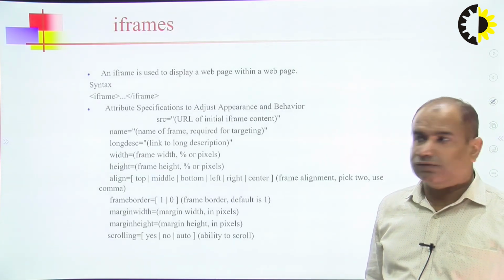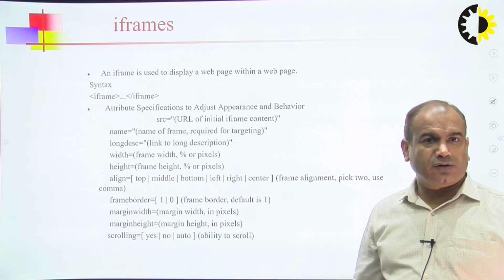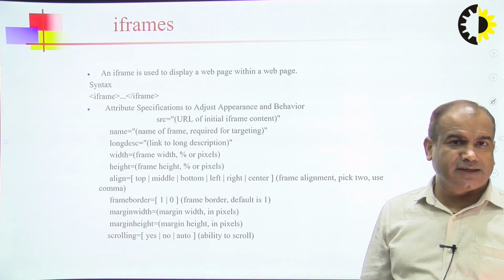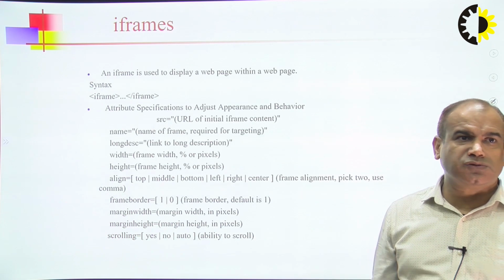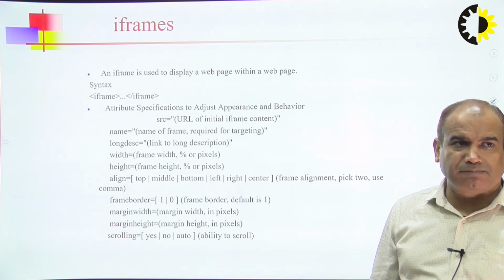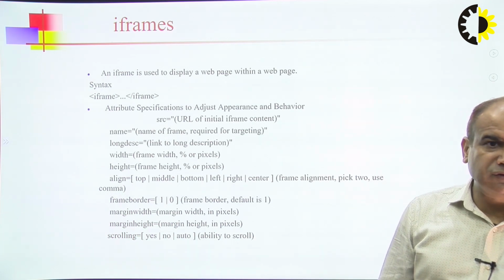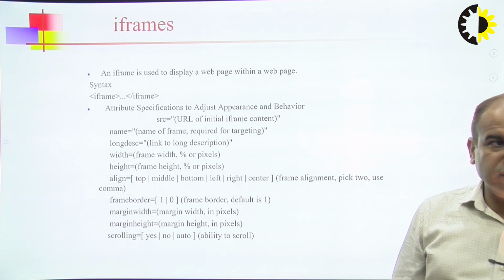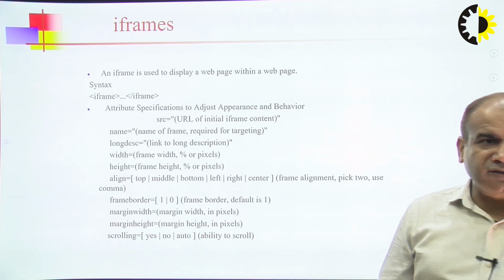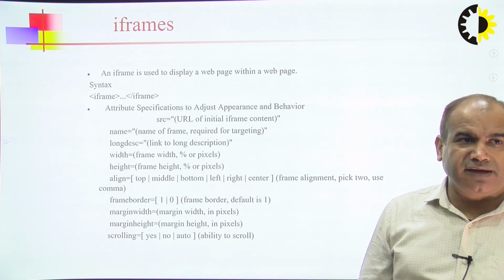Last, we are talking about frames. There are two kinds of frame: one is iframe and the second is frame. Iframe is used to display a web page within a web page. So we use the iframe tag, opening and closing, with attribute specifications to adjust appearance and behavior.